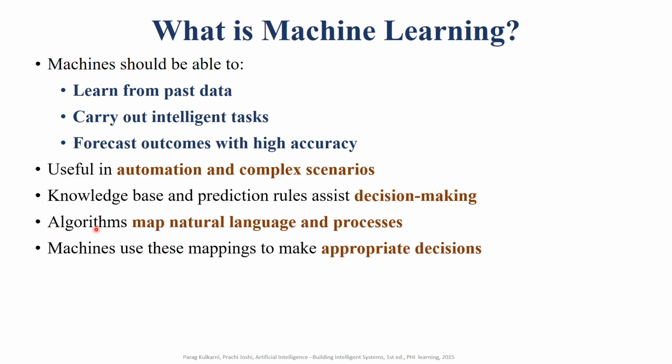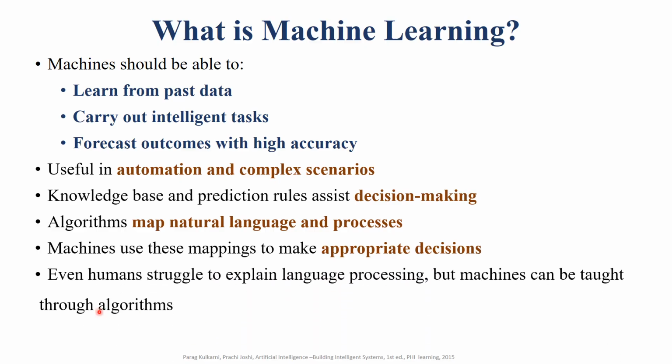Generally, the algorithms will map the natural language and the processes. Machines will be using those mappings to make the appropriate decisions. Sometimes even humans struggle to explain language processing, but it's easy for machines to be taught through algorithms.